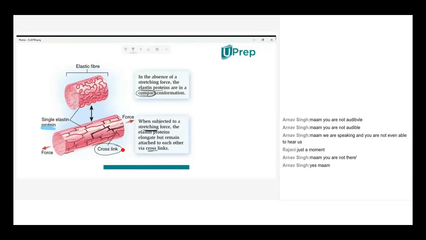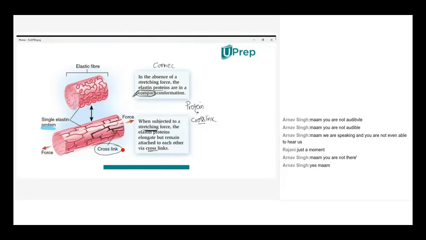So here the whole concept is about the protein nature and the cross-linkage. Protein nature of collagen and elastin, and when they are cross-linked, they form the fibers. So a compact structure will be observed. So why we are discussing all this is basically that the connective tissue connects all other tissues.